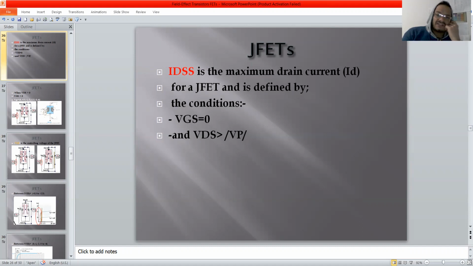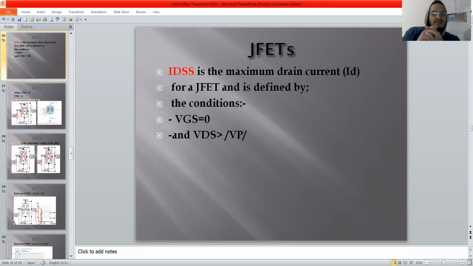Here, two polarities. Here we are done with the junction field effect transistor. We know what its advantage is. We know why it has 3 legs and what the similarity is between it and the bipolar junction transistor. We know how and when we use it.